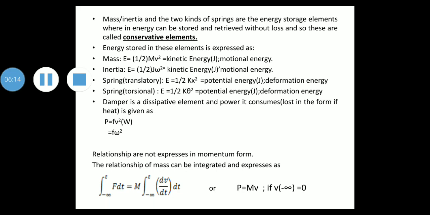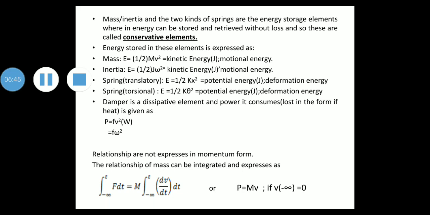For the inertia element, E is equal to half J omega square, which is kinetic energy in joules, motional energy. The translatory spring E is given by half kx square, which is potential energy in joules, deformation energy. Torsional spring E is equal to half k theta square, which is potential energy in joules, deformation energy.